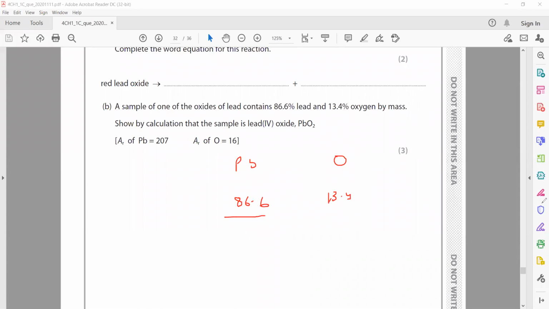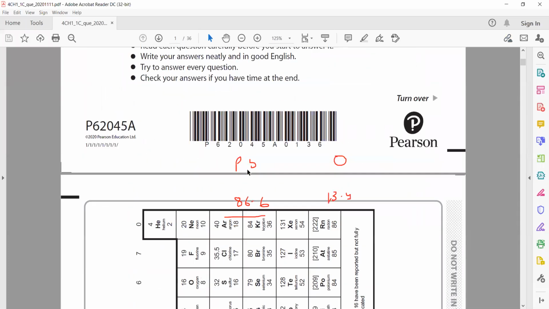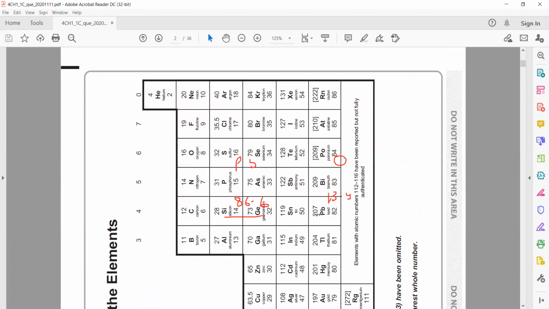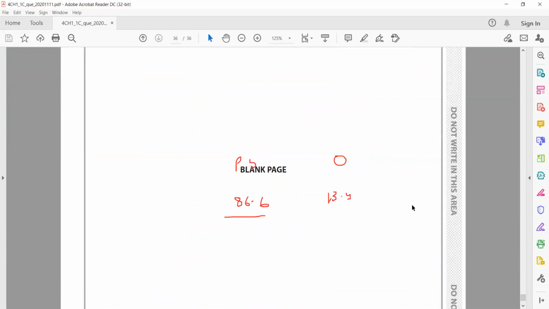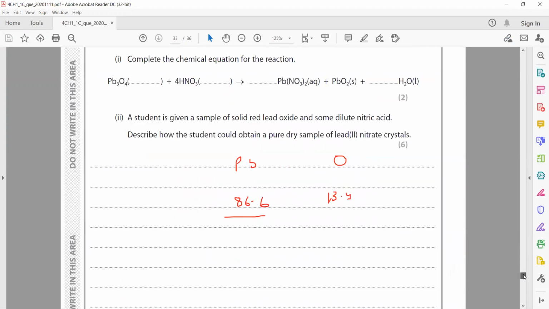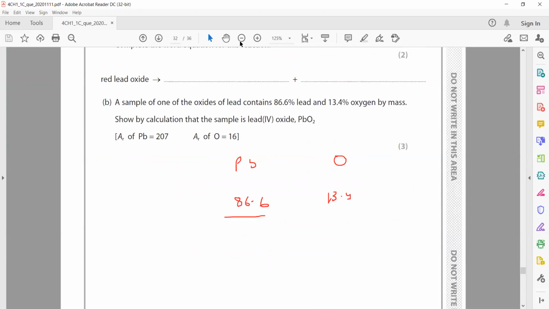The atomic mass of lead, I think 206, but what is given is Pb 207, so you will take that 207, and oxygen is 16. You divide by atomic mass, then divide by the smallest value and round off. So you will get the simplest ratio of lead and oxygen as 1:2.